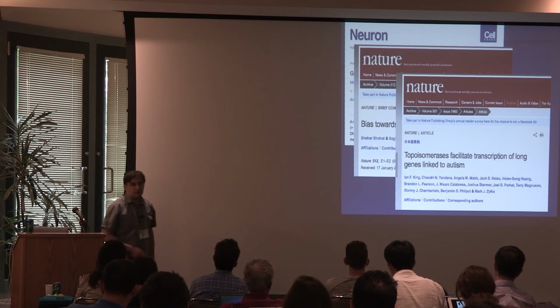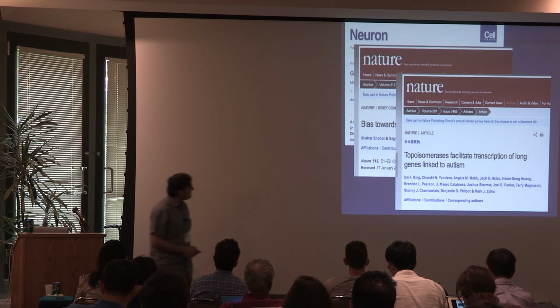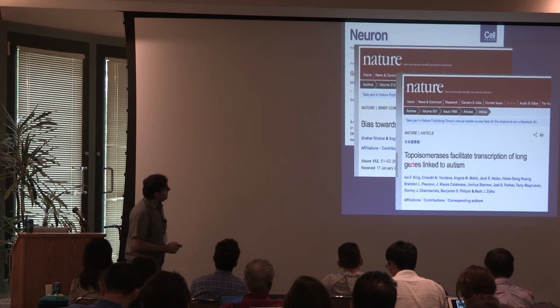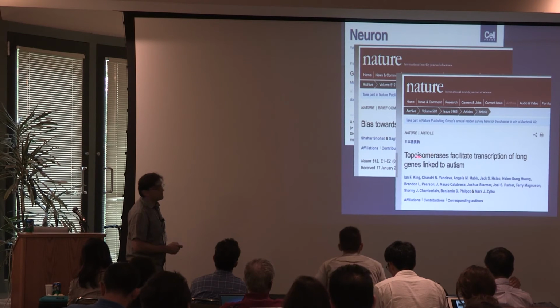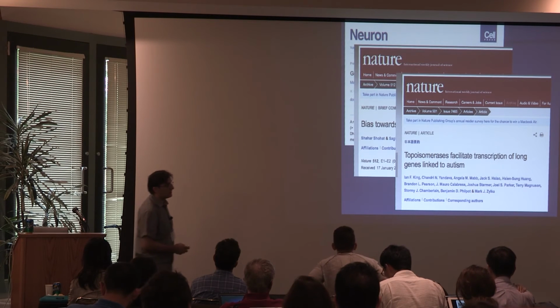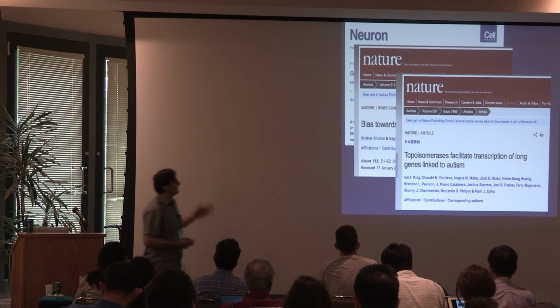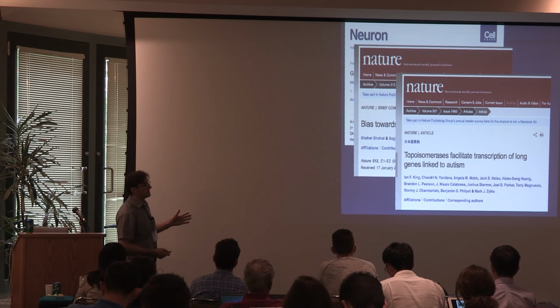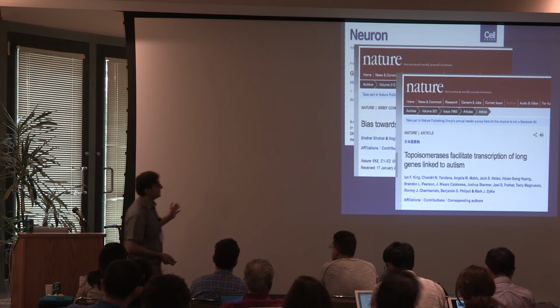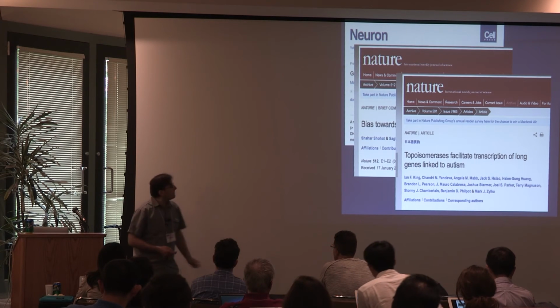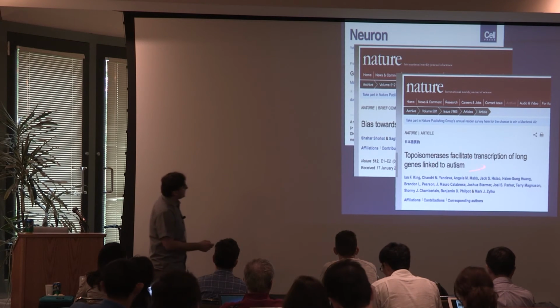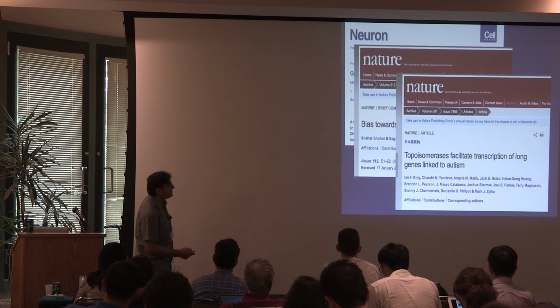So what is known about long genes? This is a slew of recent papers that look at the length of a gene. Does that have any particular relevance, especially in the brain, just because they're long? Autism genes, they're all long.